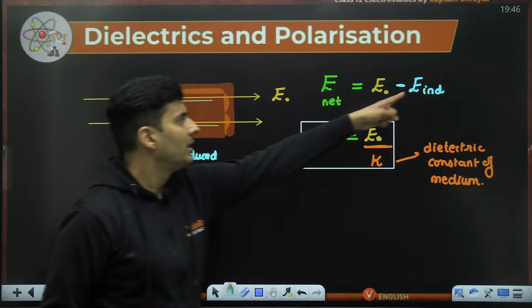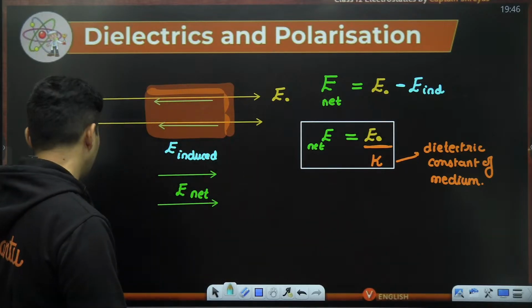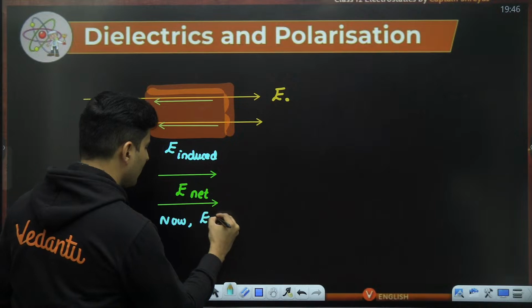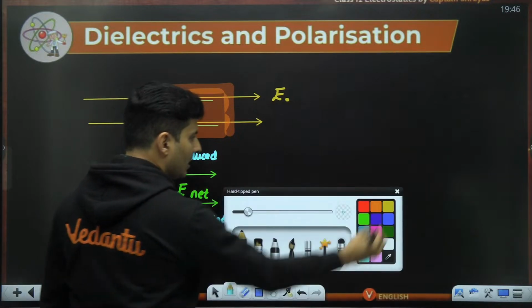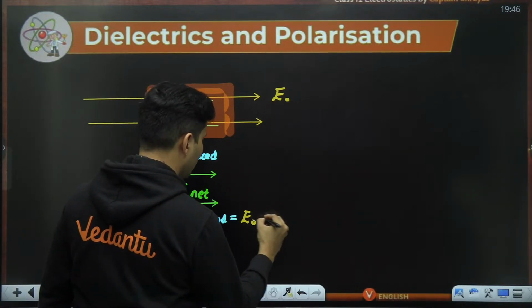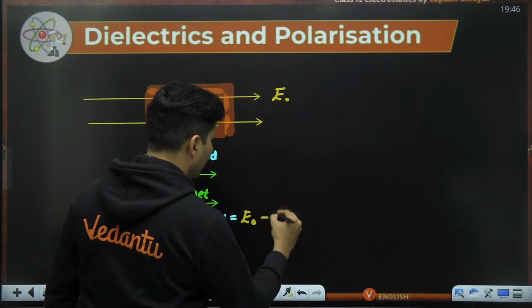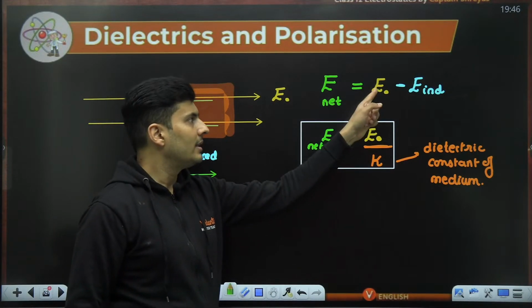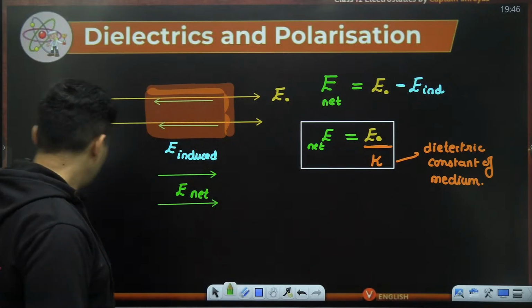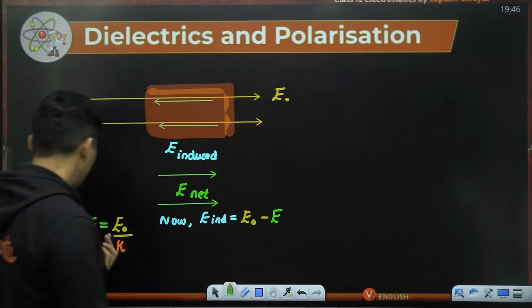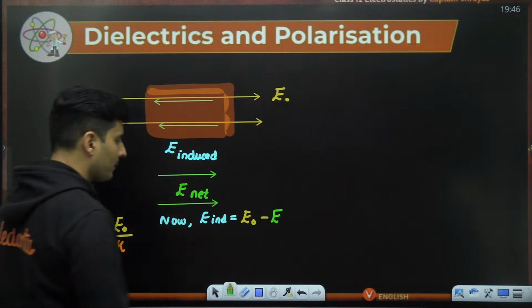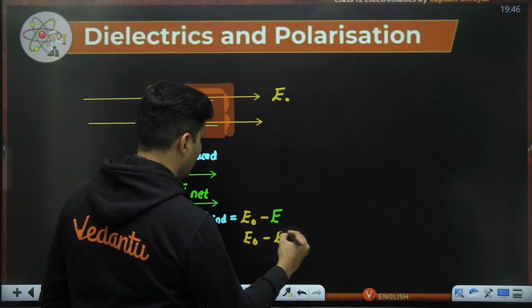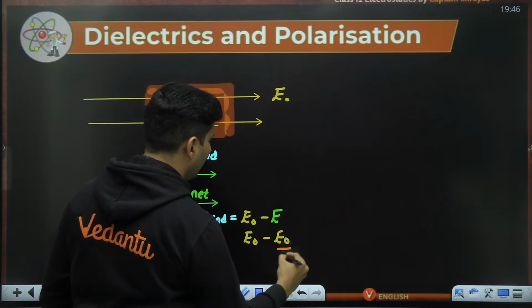E induced is E naught minus E net, which is E naught minus the net electric field. How much is the net electric field? It is E naught by K. So E naught minus E naught divided by K.